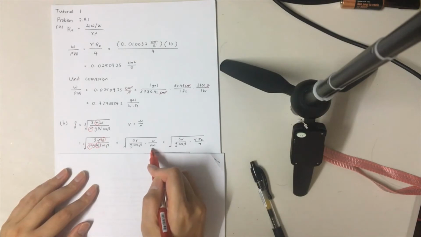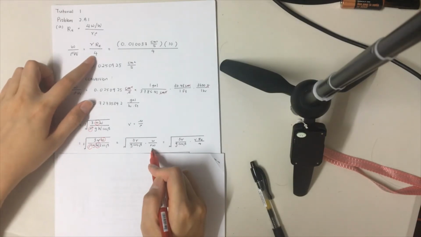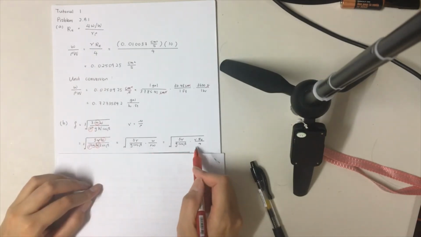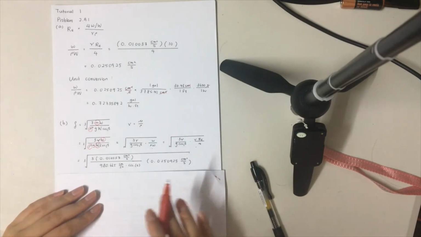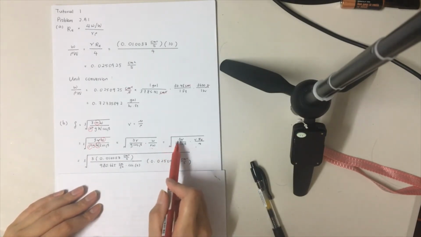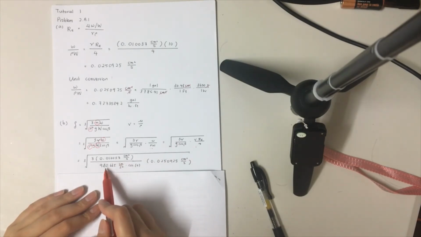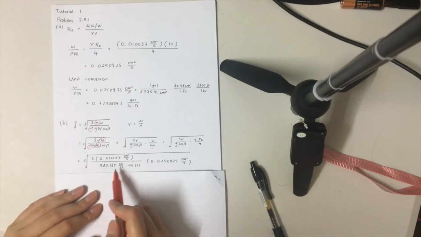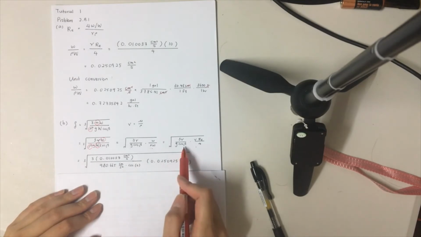And because we have calculated the flow rate over here, which is this, we can write the equation into this. Substitute the values in, so 3 multiplied by the kinematic viscosity divided by g, times cos theta, cos beta, sorry.